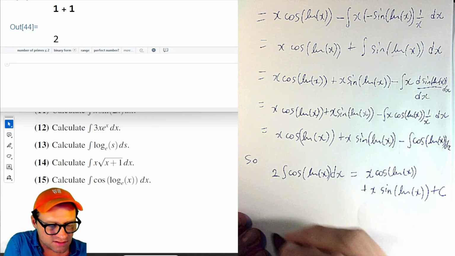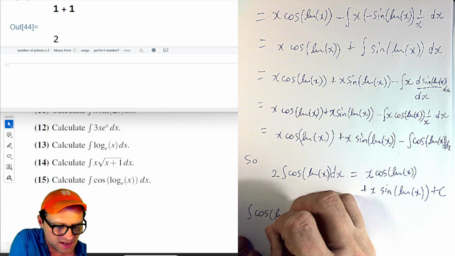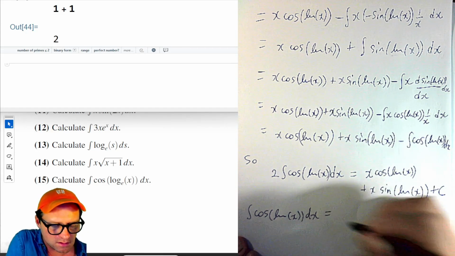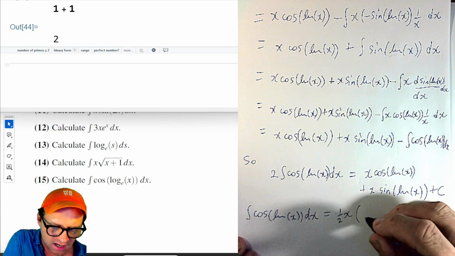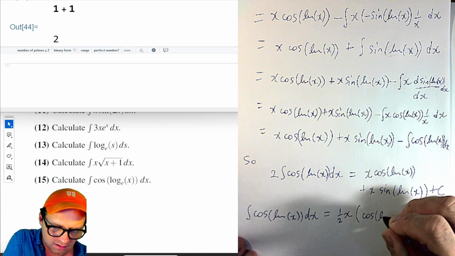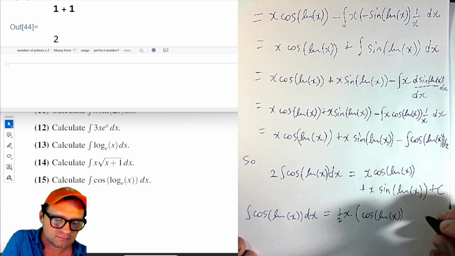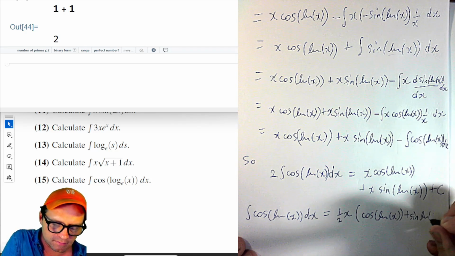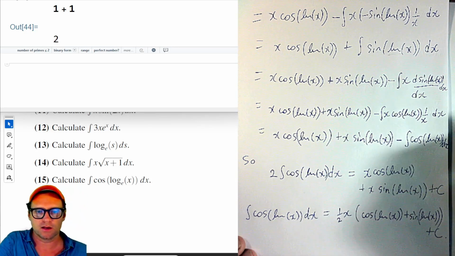Okay, and so now let's divide by 2. So we see then that the integral of cos of natural log of x is 1/2 x outside of the sum, cos ln x plus sine of ln x, and plus c. Okay, thank you.